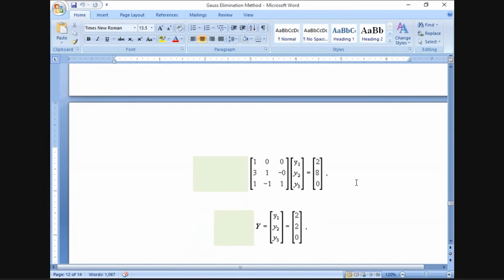These are the values for y1, y2 and y3: 2, 2 and 0.